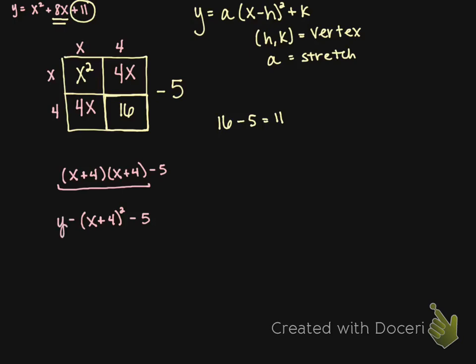And since it is an equation, we don't want to forget that y equals out in front. There we have the quadratic y equals x squared plus 8x plus 11 rewritten in graphing form as y equals the quantity x plus 4 squared minus 5.